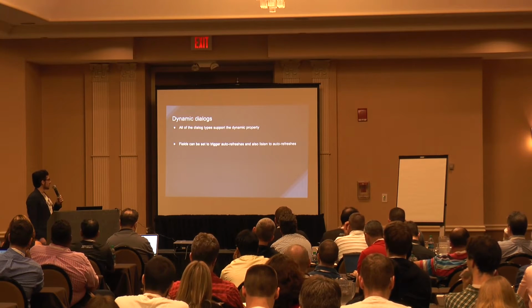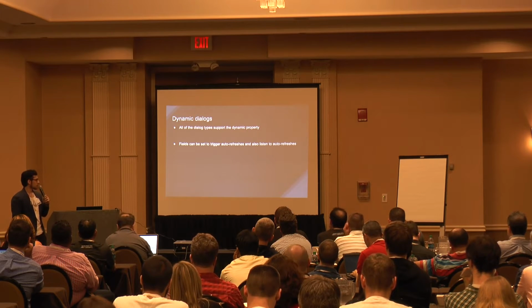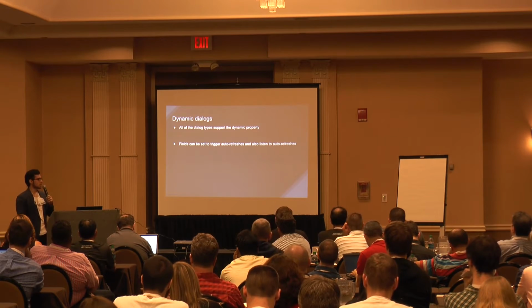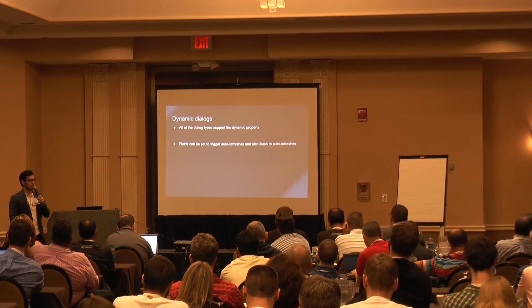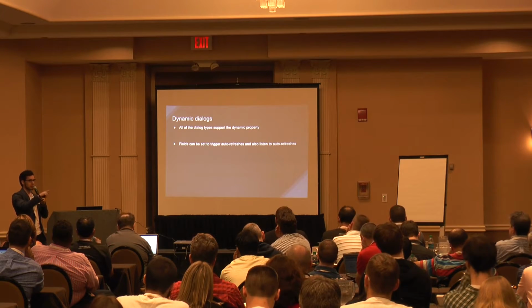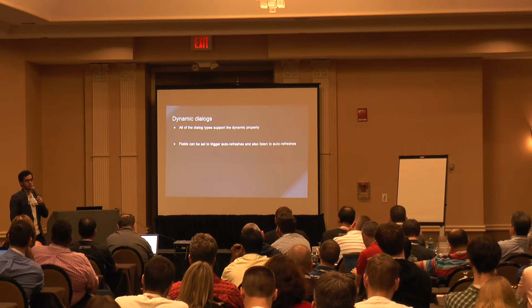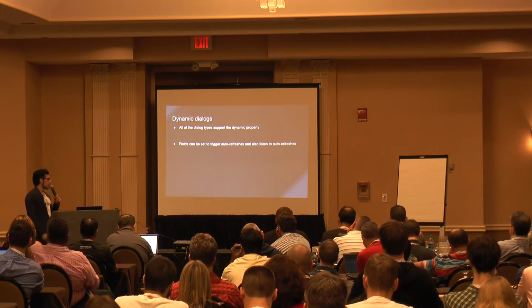So like I said before, we have the dynamic dialogues, and the fields can be set to trigger auto refreshes and also listen to auto refreshes. So probably an easy example is, pick your country, and then the next drop down, the state list, populates with all the states available for that country.